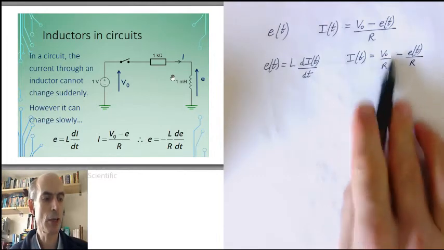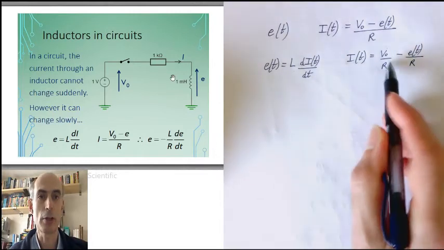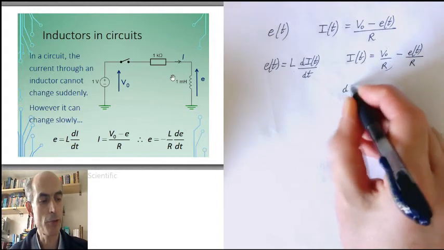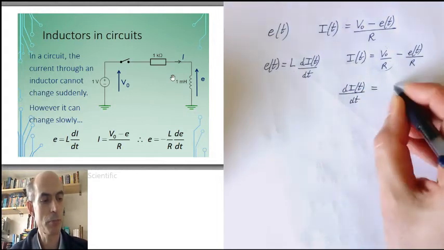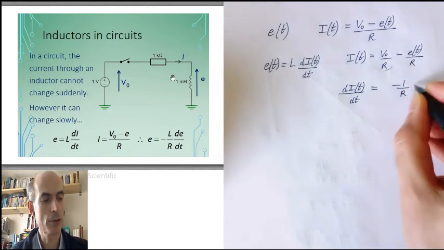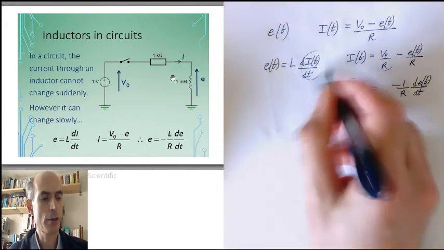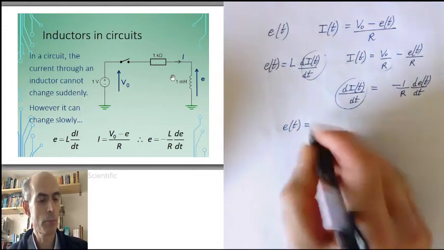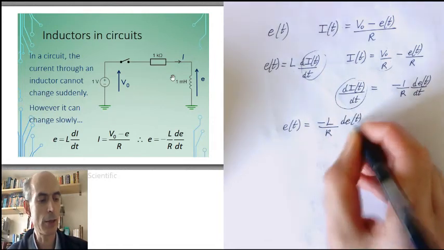So if I differentiate each of these terms with respect to time, this is not changing with respect to time. That's just going to disappear. Going to end up with di dt equals just minus 1 over R times dE dt. And now I can substitute this into here and get E of t equals minus L over R times dE dt.